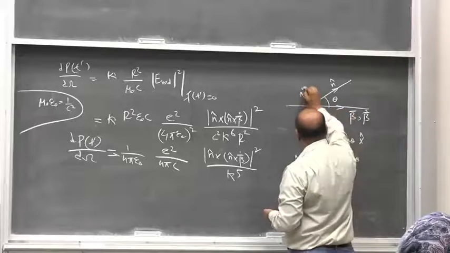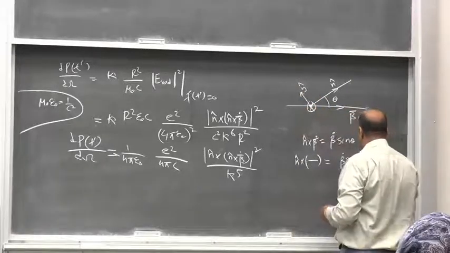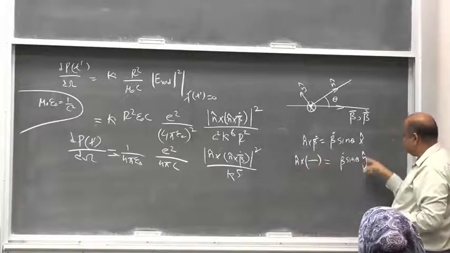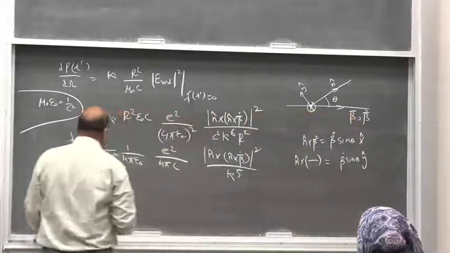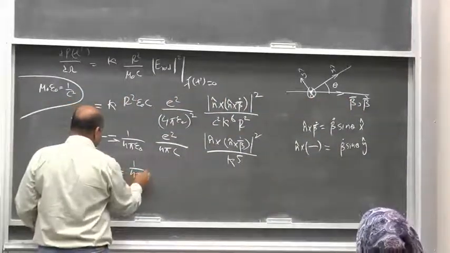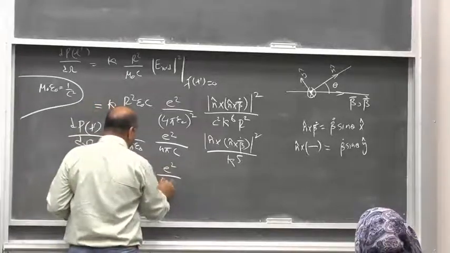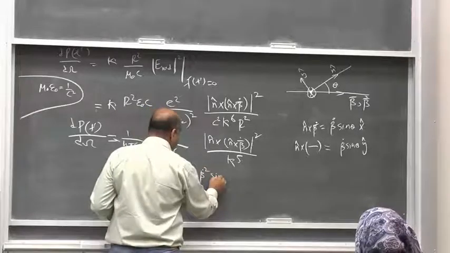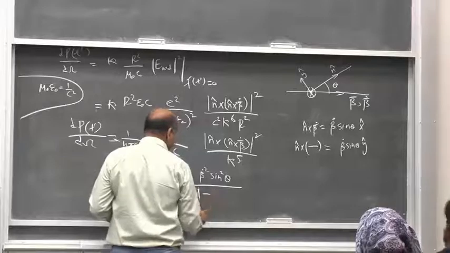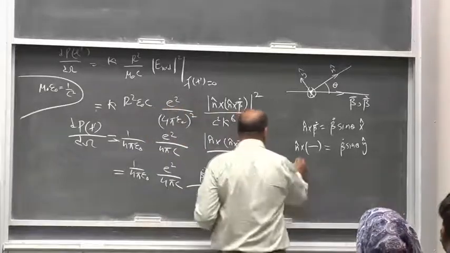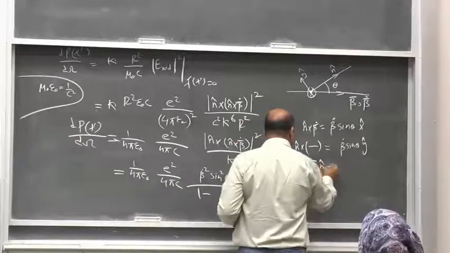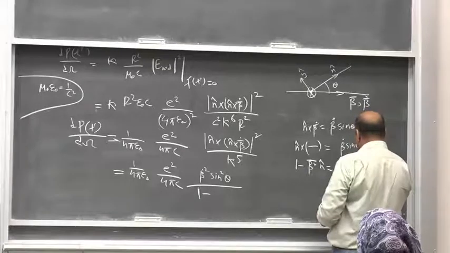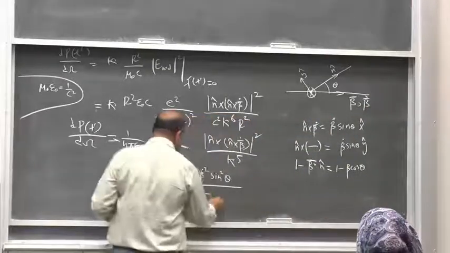Let me call it some y, so this is y, and when I have to take its magnitude square, this y hat simply goes away, and we have a very simple expression: 1 over 4 pi epsilon naught e square over 4 pi c, beta dot square sine square theta over 1 minus, and what would kappa be? Kappa is 1 minus beta dot n hat. So the angle between the two is theta, so this is 1 minus beta cos theta.